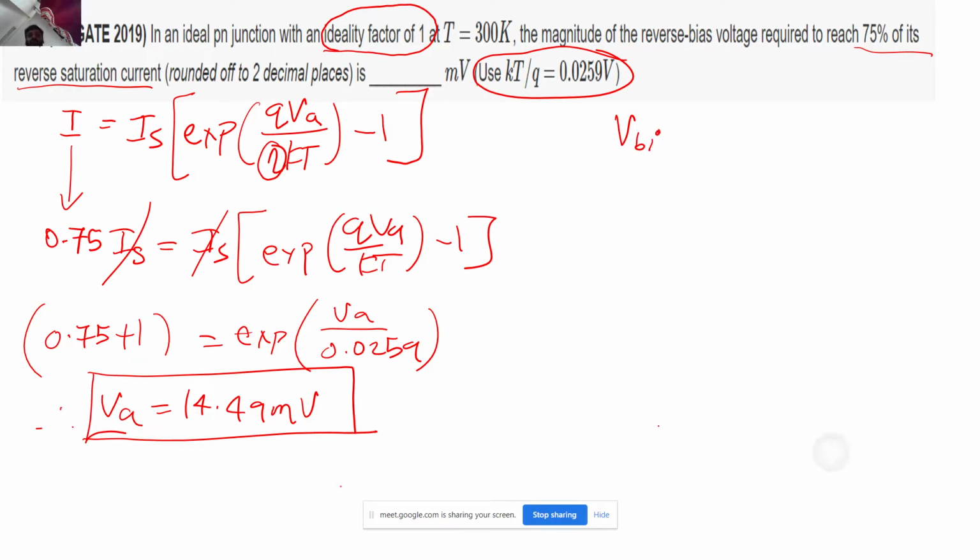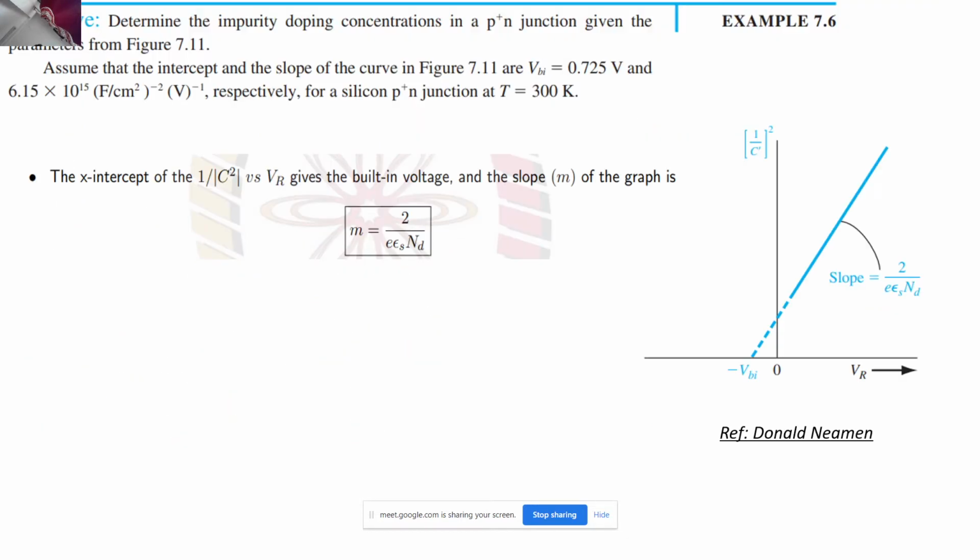So what is the value of general VBI? It will be around 0.6, 0.7 volts or something. So it seems that the applied voltage that I have to apply is much less than VBI, and it is correct because I just have to reach 75% of the reverse saturation current. So this is how you can do the sanity check and check whether your answer is making any sense or not. So now we will move on to the next question.